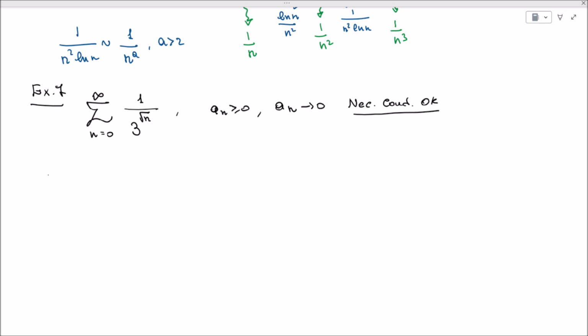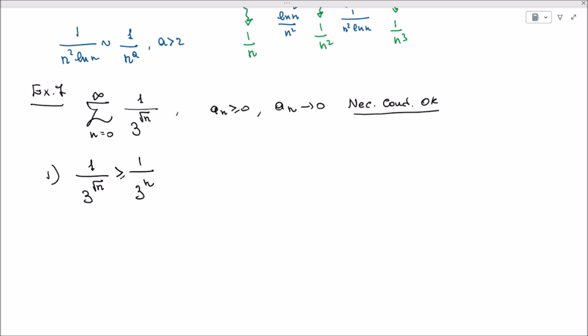Well, let's attempt just a pure comparison. We could say that 1 divided by 3 raised to the square root of n, okay? Well, 3 raised to the square root of n is less than 3 raised to the n, so we can say that this is larger than or equal to 1 divided by 3 to the n.